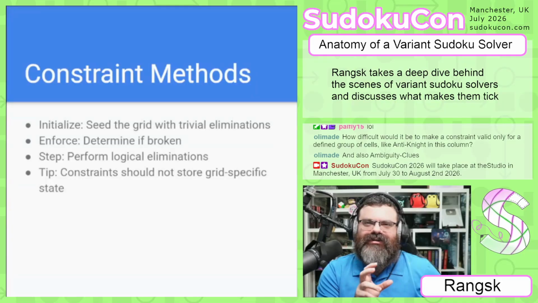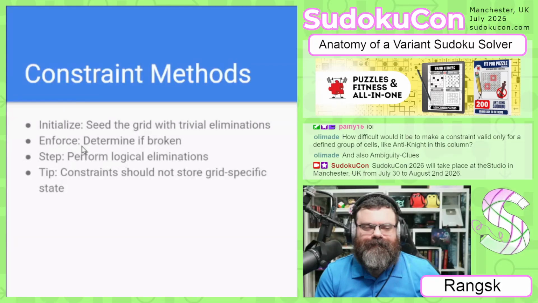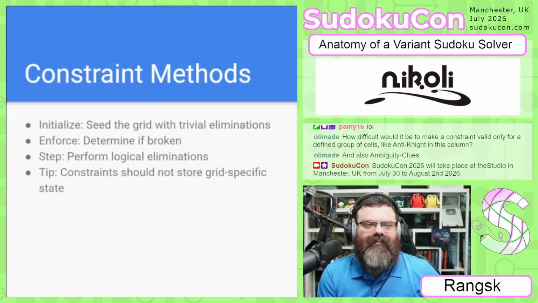But these constraints are shared among all the grid clones as we backtrack solve. And so that means the constraint needs to be agnostic to the current grid state, and that grid state is passed into these various methods. So the internal state can cache global things that are always true about the constraint, but it shouldn't cache anything that's based on what the grid looked like at any point in time.